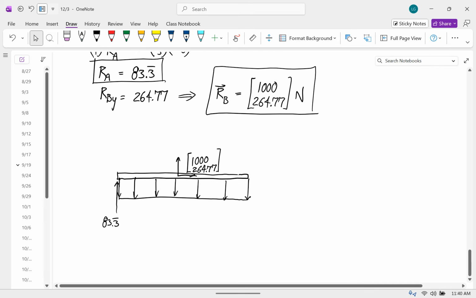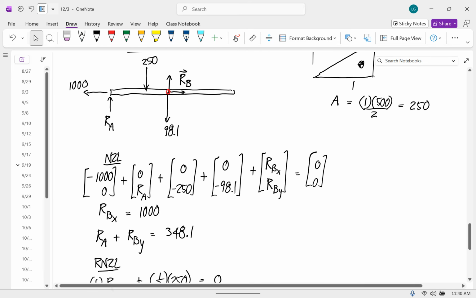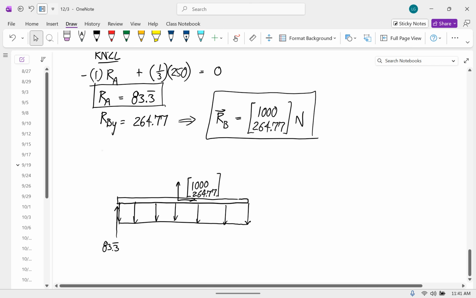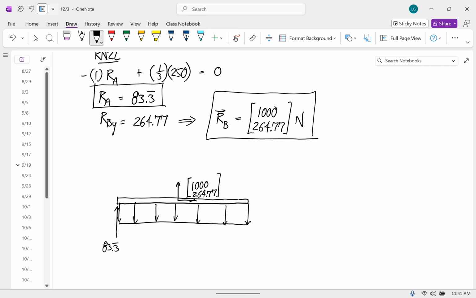And the value of that distributed load is 98.1 divided by the length of 2 meters. So this is 49.05 newtons per meter. And then we have the triangular distributed load like this.